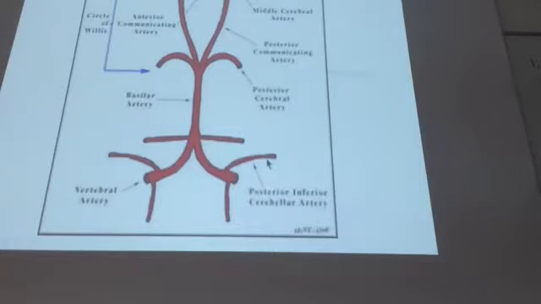Okay. And then the basilar we said goes along the pons, and then we have the anterior inferior cerebellar artery. These are labeled, you can read it, but you have the posterior cerebral artery right at the end of the basilar artery.